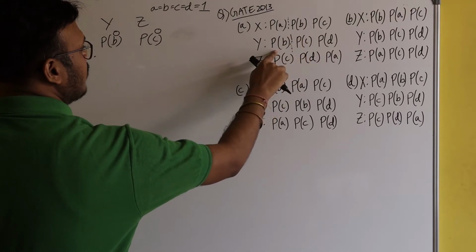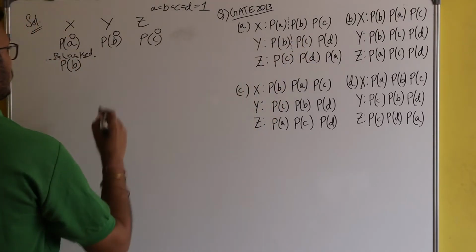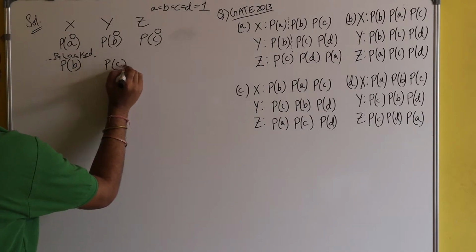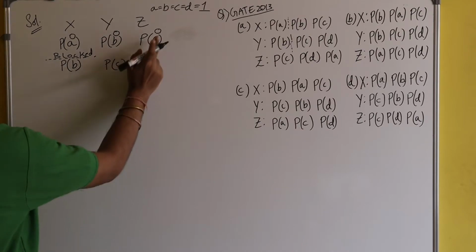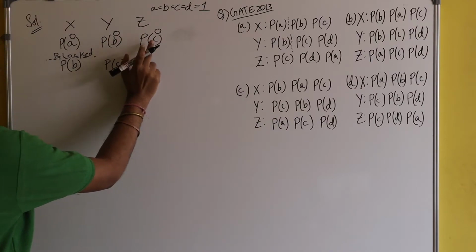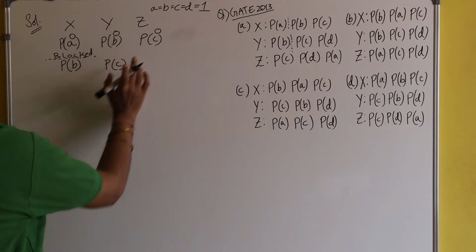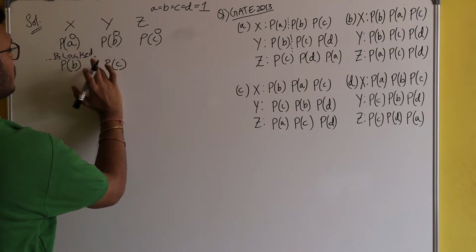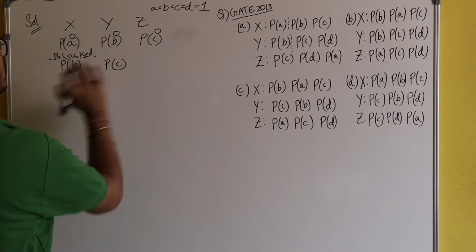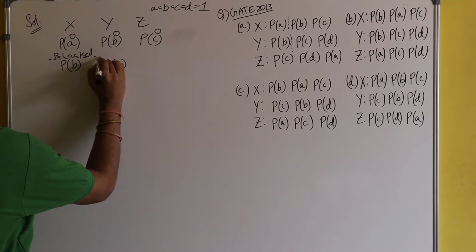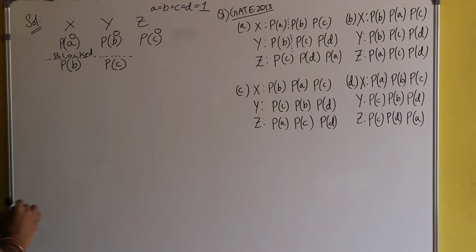So process Y will try to execute PC, but the value of C is 0, which was made by Z, because process Z has applied the P operation on C. Therefore process Y can't successfully execute PC. Process Y will get blocked because the value of C is 0. So it is also blocked.